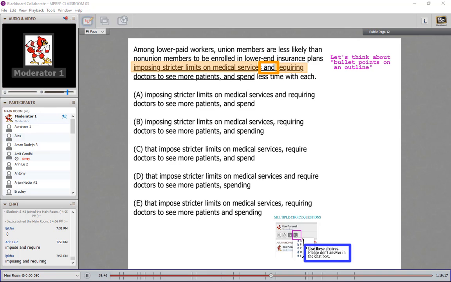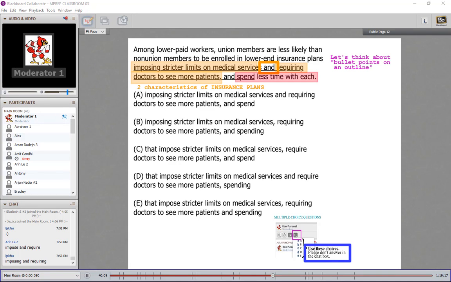But these are 2 things that insurance plans do, like 2 characteristics of insurance plans. Whereas spending less time is not something insurance plans do. So there's no way that could be in parallel with those other things.